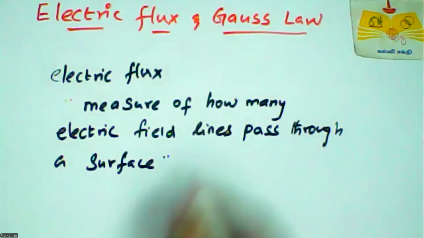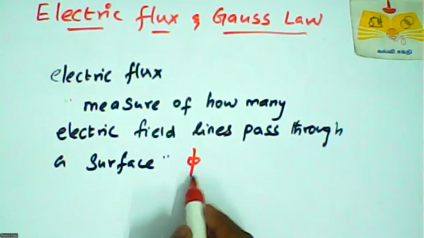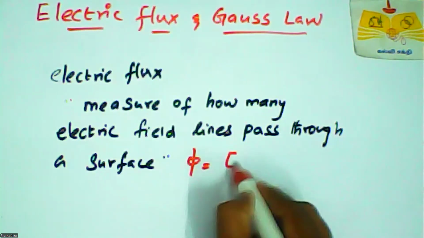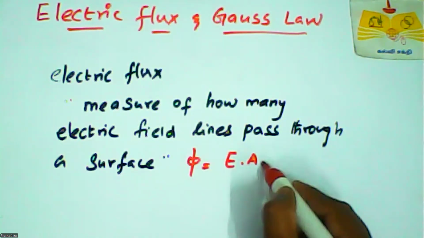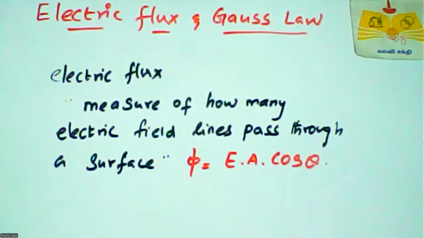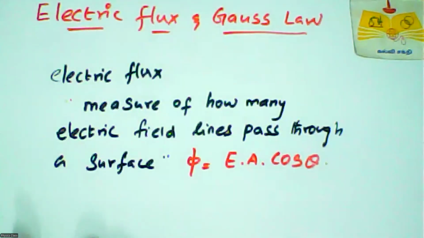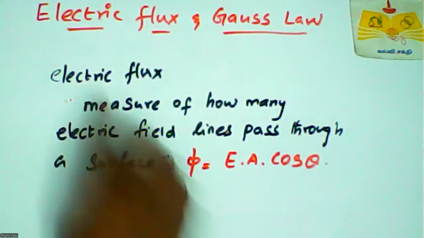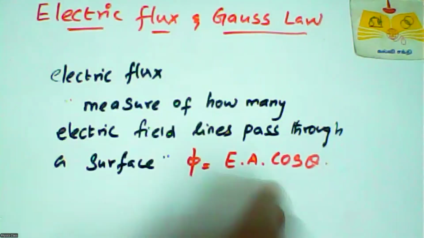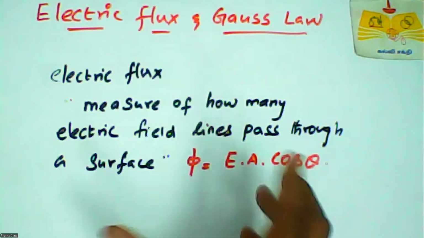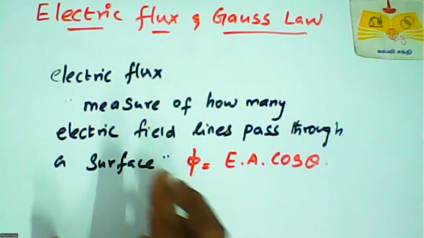We can write this as phi. Phi is equal to E dot A cos theta. Here, E is the electric field strength, A is the surface area, and theta is the angle between the electric field and the surface normal.